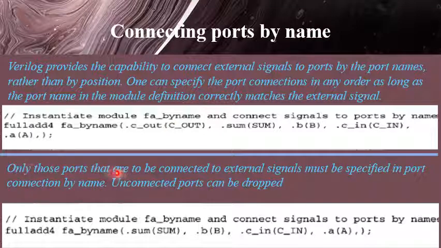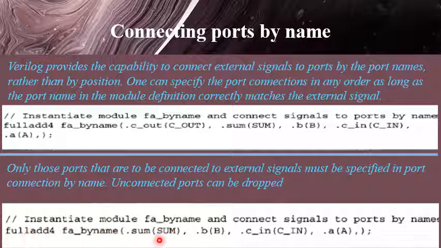Only those ports that are to be connected to external signals must be specified in the port connection by name. Unconnected ports can be dropped. So if you don't want to use some ports, as we have seen in the previous slides, we have seen the concept of unconnected ports. There what we do is we skip the port which we don't want to connect. Similarly here, if you don't want to connect any port in the instantiation line, you can omit that just by skipping that port name.